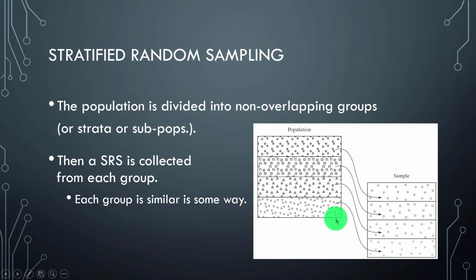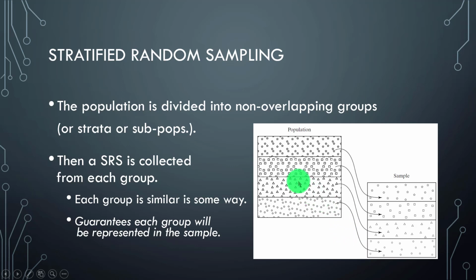So each group is similar in some way, and then the sample is going to include a little bit from each group. So that's the benefit to stratified sampling, is that it will guarantee that each of those groups is represented in the sample.